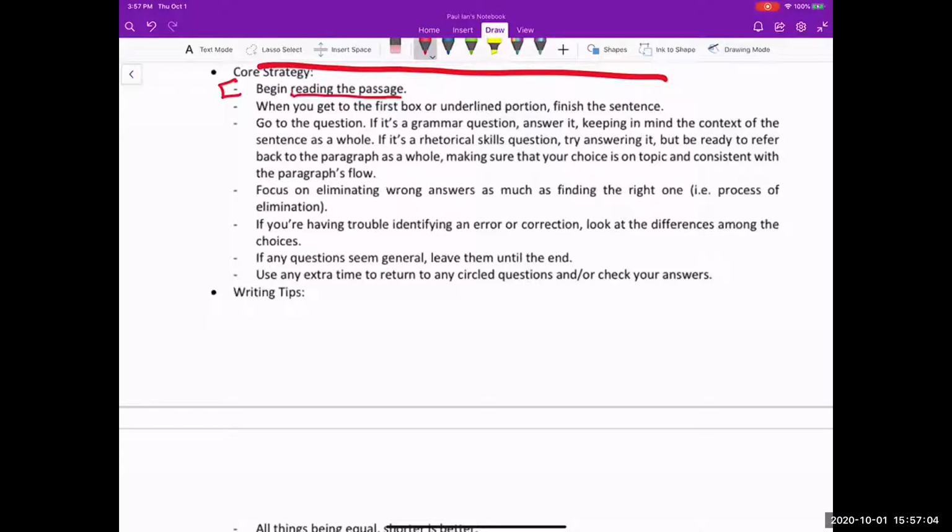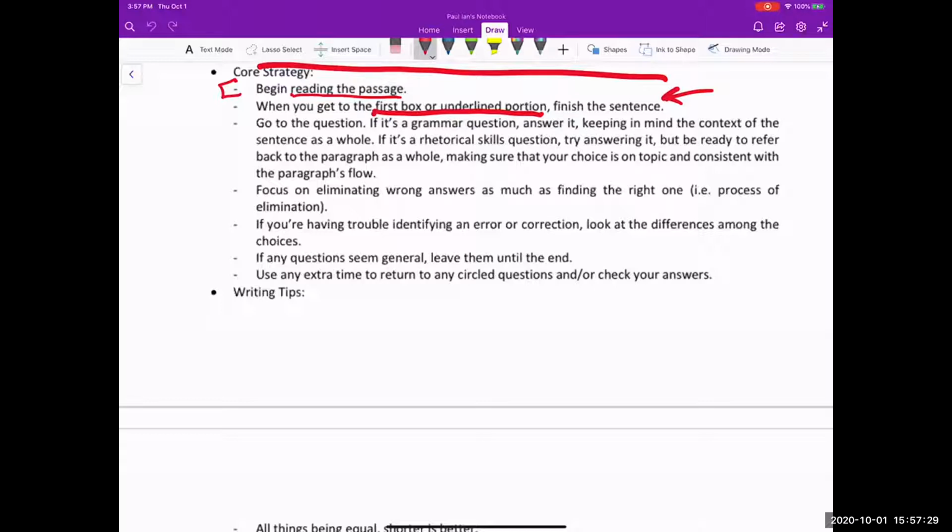Just read it once and answer the question. When you get to the first box, the grammar one, finish the sentence. If they're asking about that one sentence they boxed out or underlined, read it and pinpoint what the question is asking you.